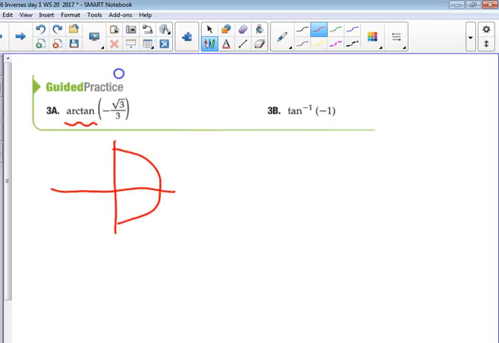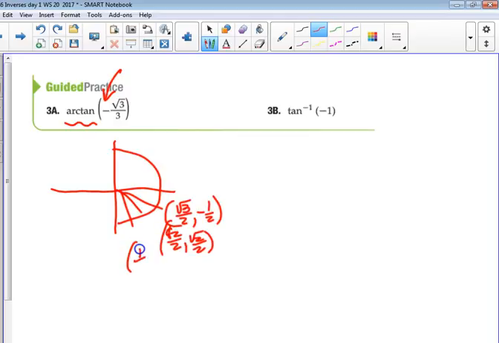Okay, this is negative, so it's got to be in which quadrant? Okay, I'm down here somewhere. There's only 3 ordered pairs down in this quadrant. This one is square root of 3 over 2, negative 1/2. This one is square root of 2 over 2, square root of 2 over 2. And this one down here is 1/2, negative square root of 3 over 2.